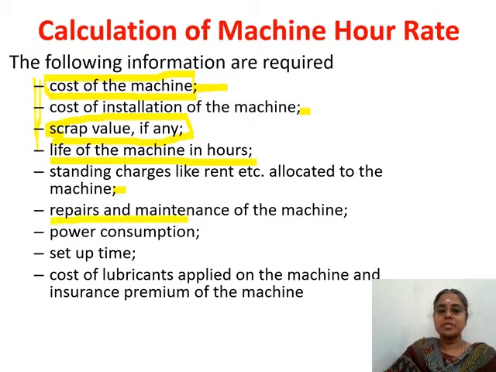Then repairs and maintenance for the machine, power consumed by the machine, and setup time, that is, if you need to start a job order, the setup time that is required to start the machine. Then the cost of lubricants and other things used for maintaining it. These are all the things that you require for calculating the machine hour rate.